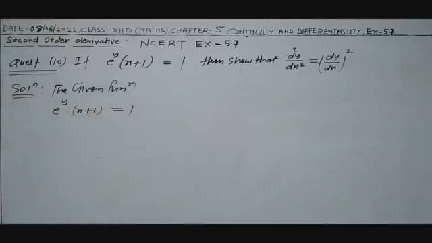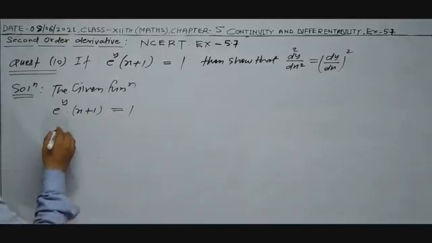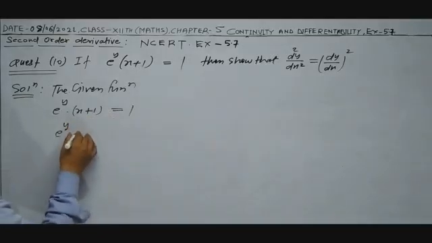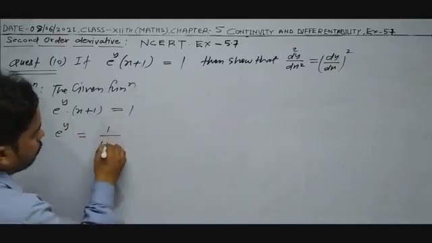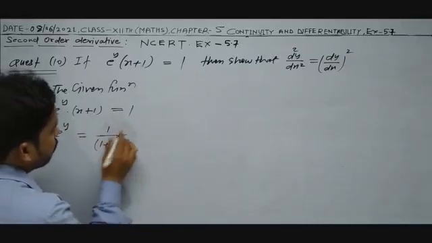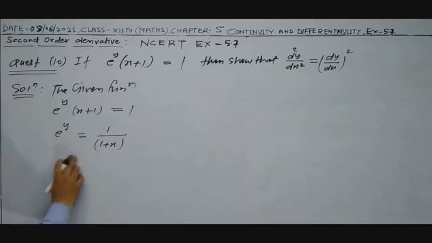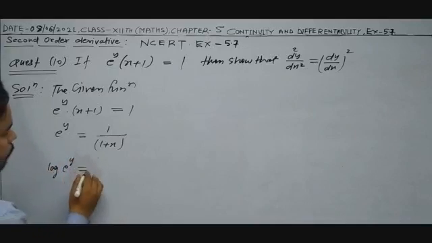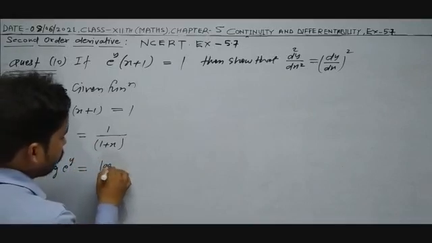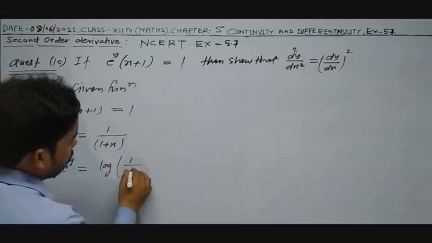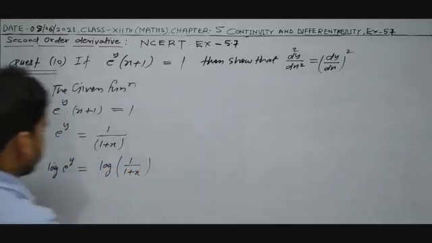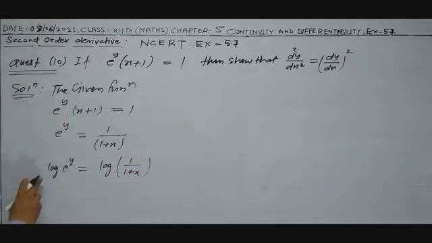So first you have to separate y in terms of x. How? e to the power y is equal to 1 upon 1 plus x, and taking log on both sides, what will be the result? Log of e to the power y is equal to log of 1 upon 1 plus x, and you know the formula, log of e to the power x, result is x.